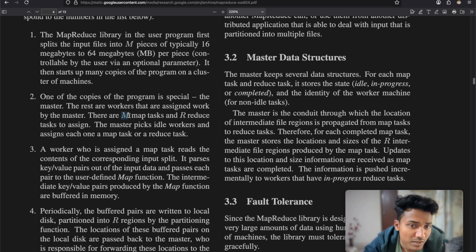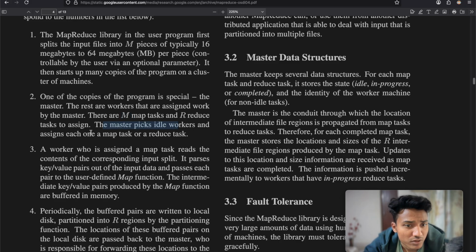M is basically the number of workers we have for the map task, and R is the number of partitions we have for the reduce task.